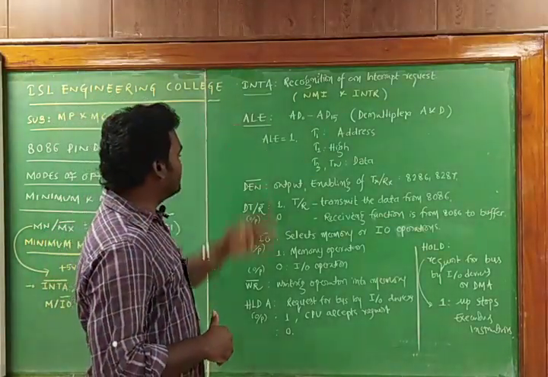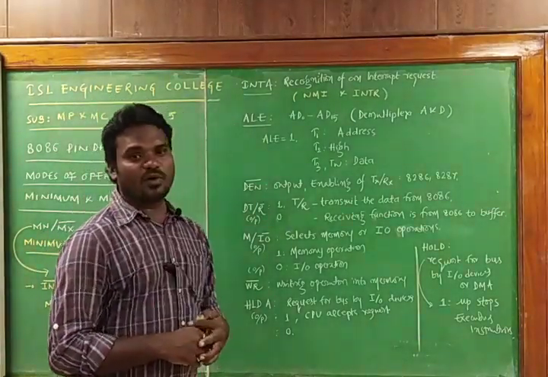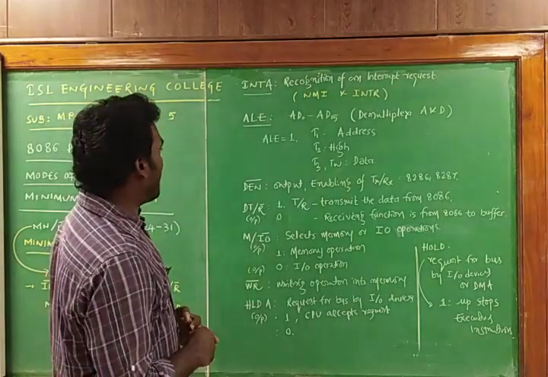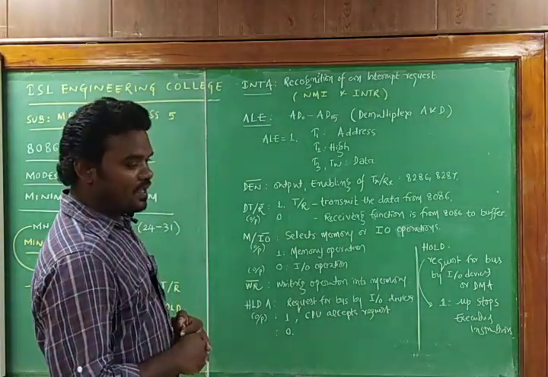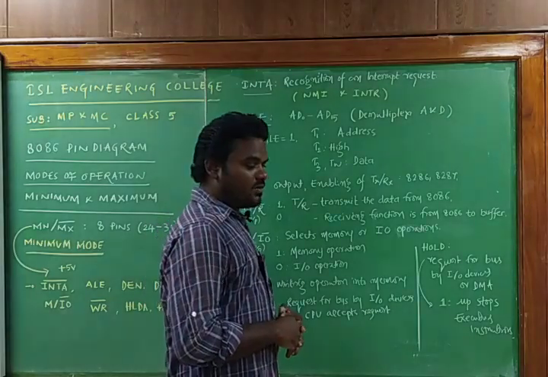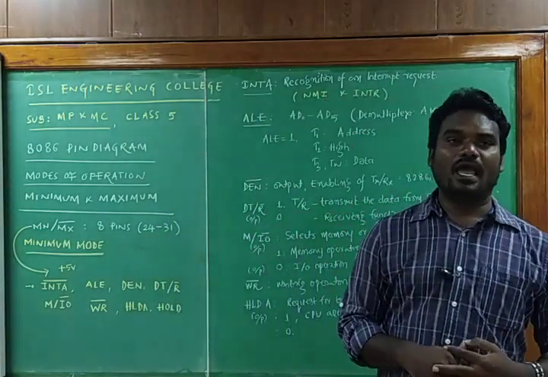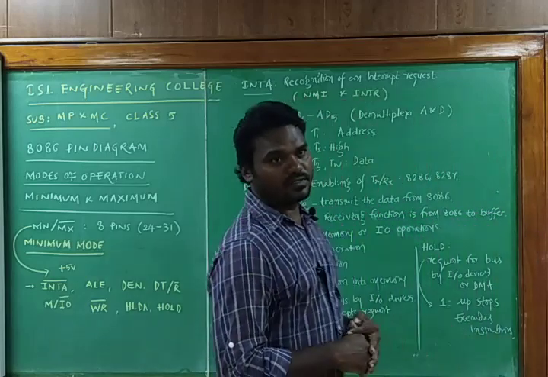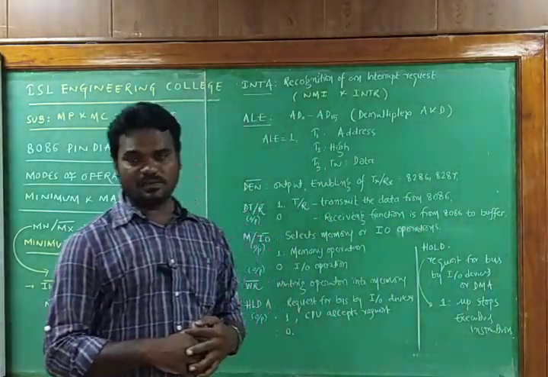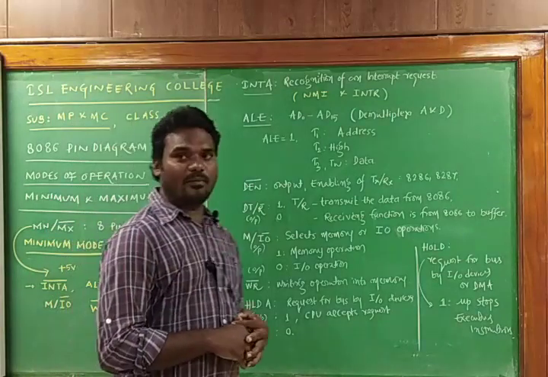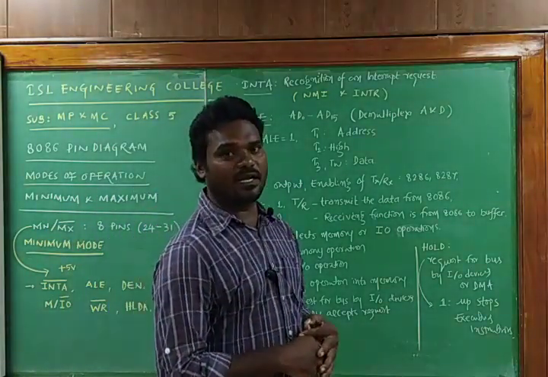Coming to the second signal in the minimum mode of operation, that is address latch enable, ALE. We have discussed in the common mode function signals that the first signal is the address and data bus. These are bidirectional buses and are time multiplexed signals.